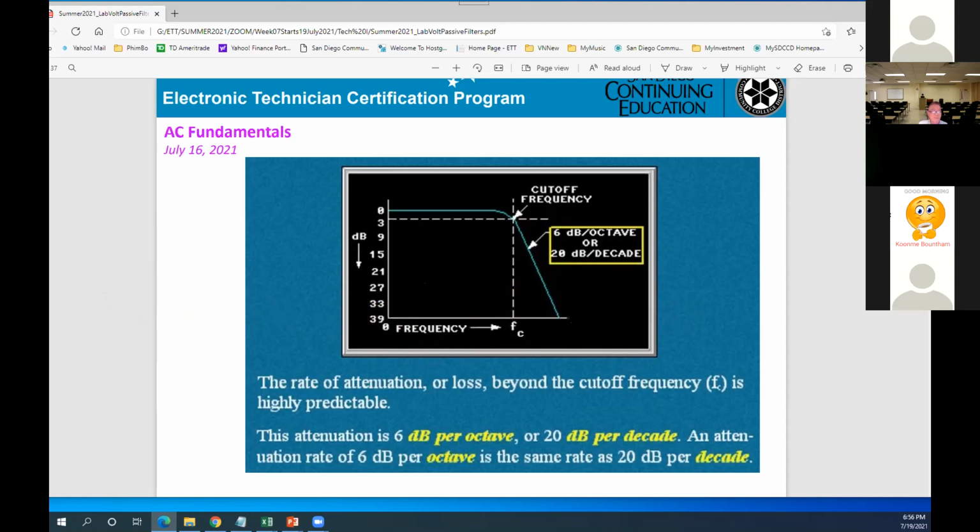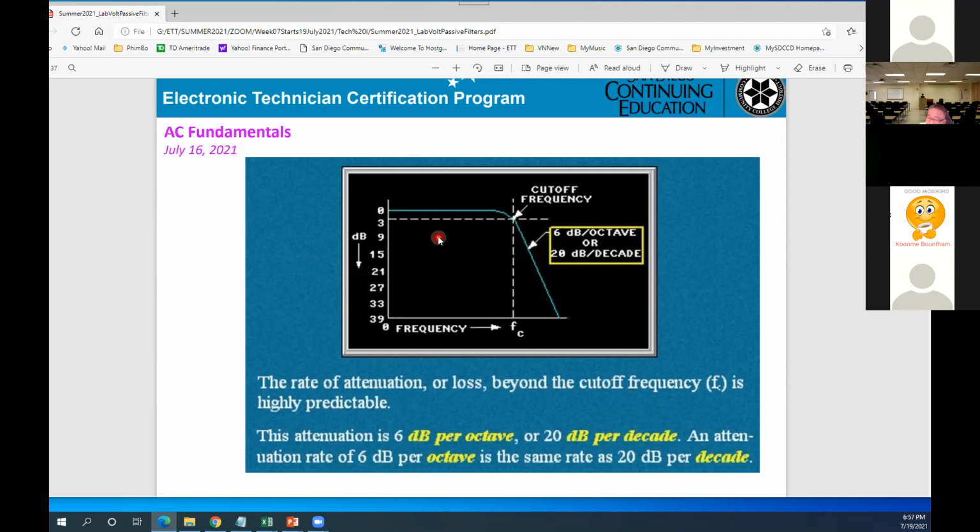Yep, I have a question, teacher. Yeah, go ahead. Is the attenuation always a negative value? The attenuation is always negative.